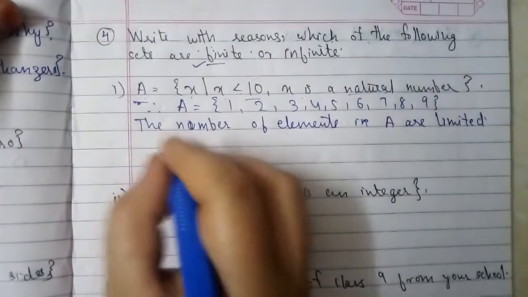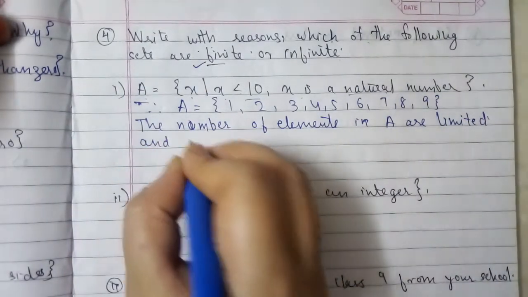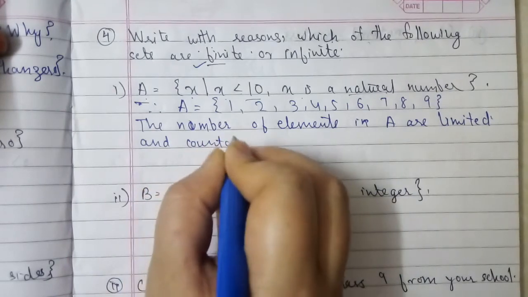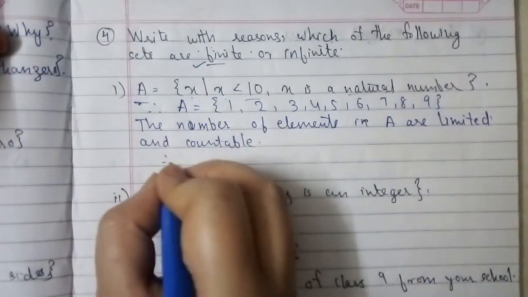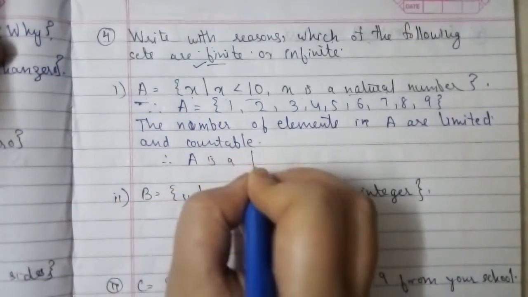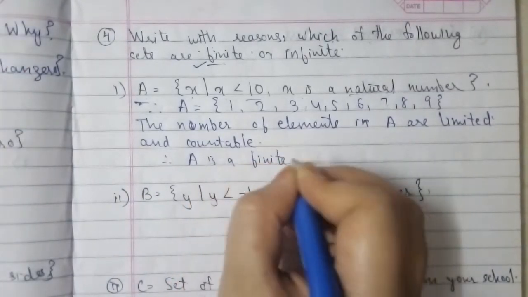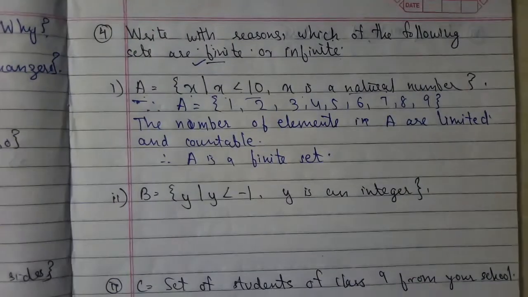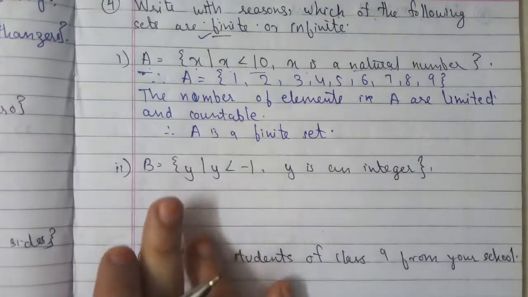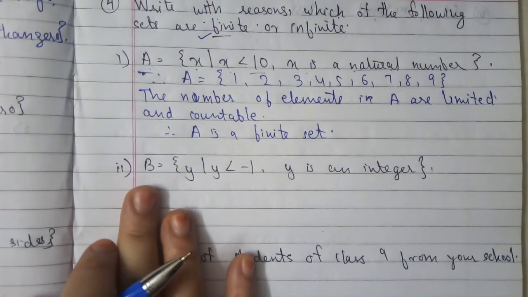Okay, these are limited and countable. Therefore A is a finite set.